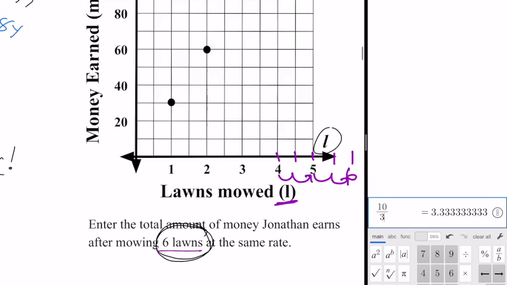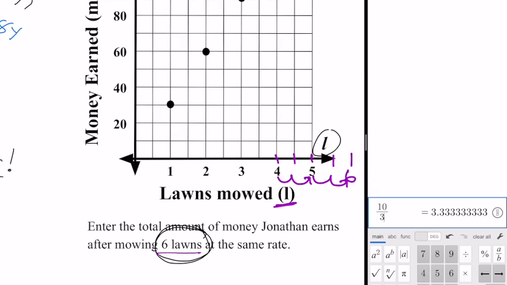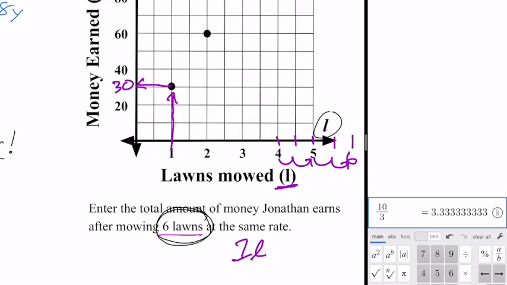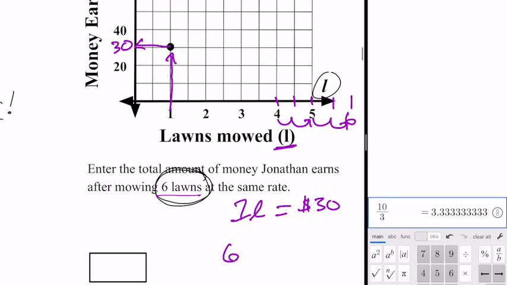So how do I use this to help me? Well, it looks like I have 1 lawn costs, what number is that? What's in between 20 and 40? Well, that one is going to be 30. So if 1 lawn equals $30, how much does 6 lawns equal? Well, think about it.